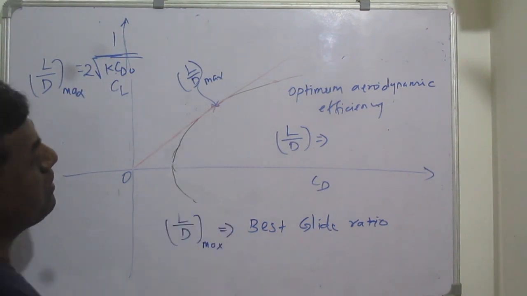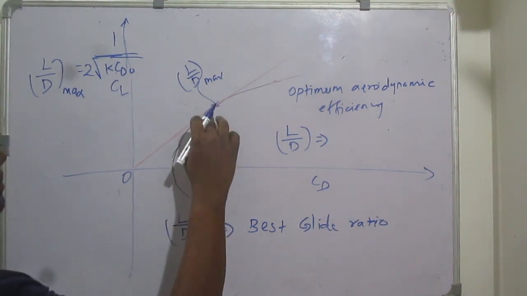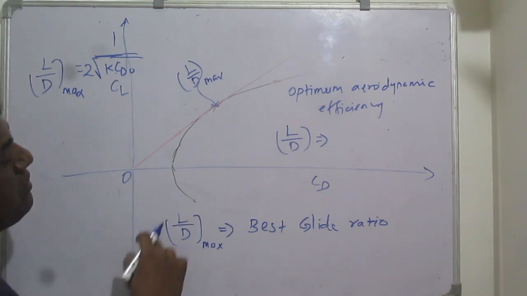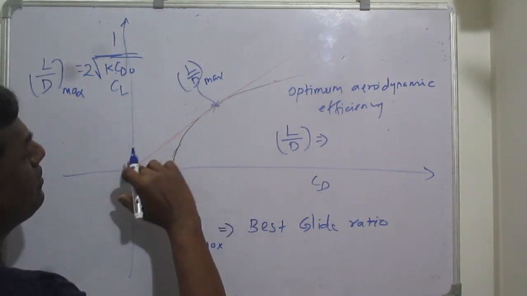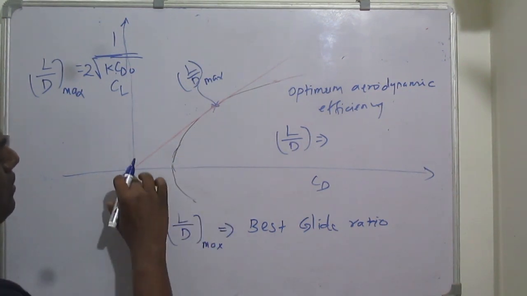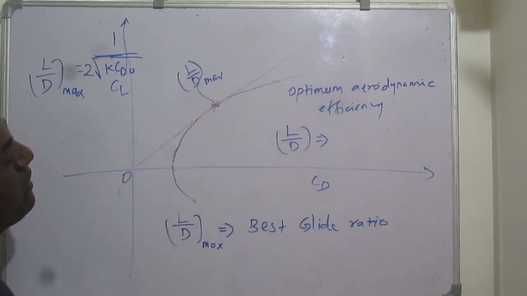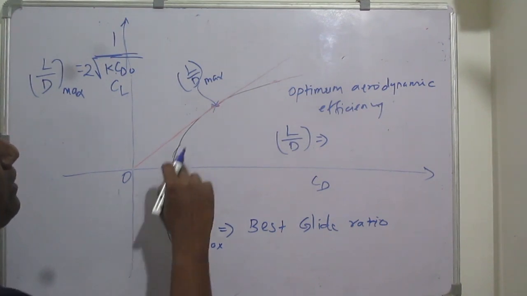From the graphical method, we find the L by D maximum by drawing the tangent to this curve from the origin.